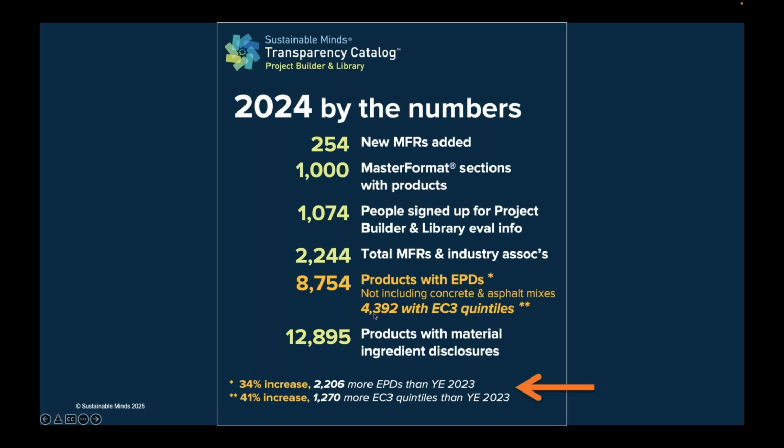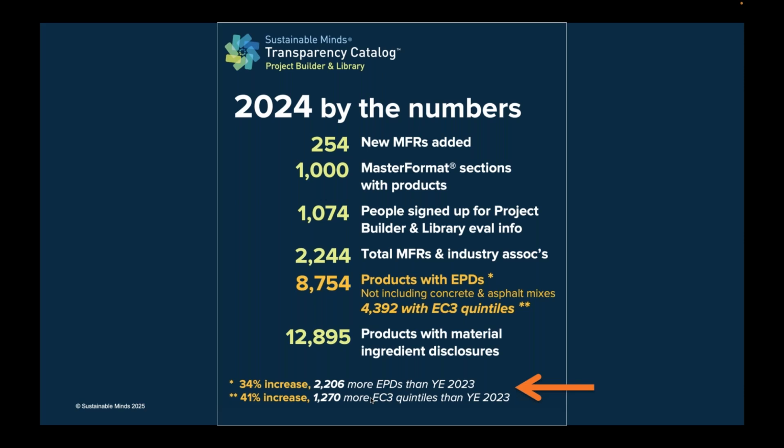But this was really important. Over 4,000 of these products now have quintiles. And so when we looked at last year's numbers, a big increase in EPDs, but an even bigger increase in the number of quintiles. And so we said, we've got to look into that, because that's awesome that many more materials can be found in the embodied carbon selection filter.